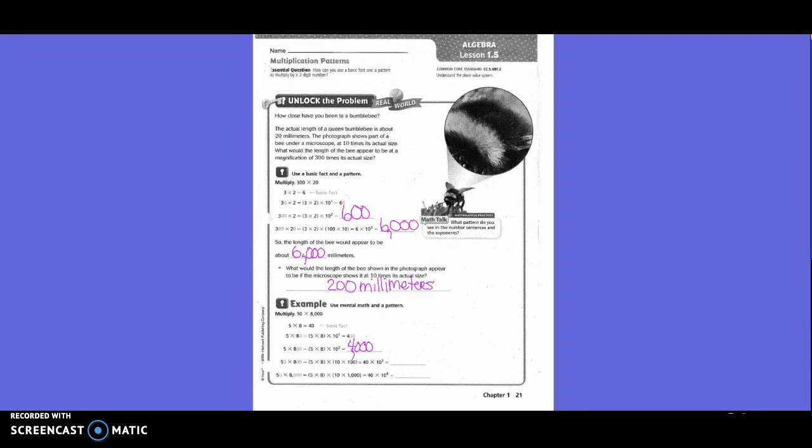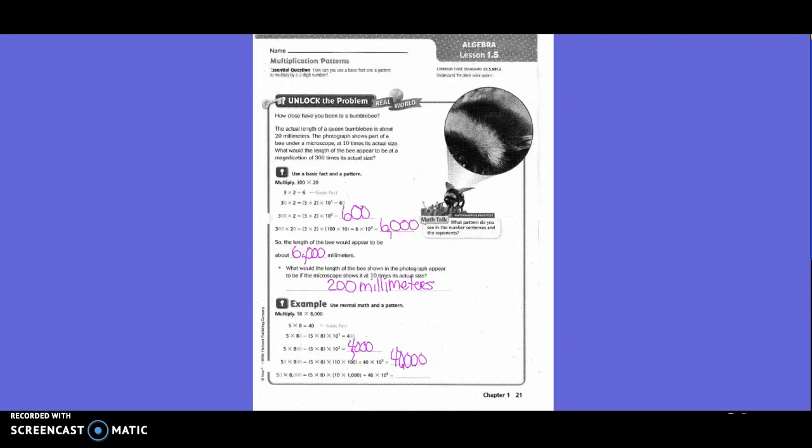Now 5 times 8 is 40. And then they took 10 times 100, so that got them 10 to the third power. So how many zeros do I add for 10 to the third power? 3. And like we said, we put 3 zeros, but we already had one, so we technically need 4, right?